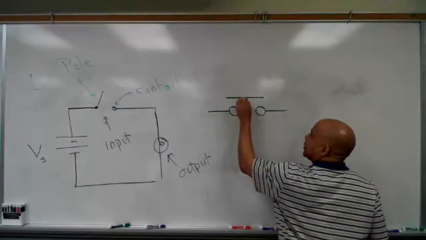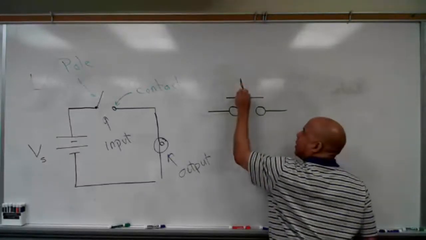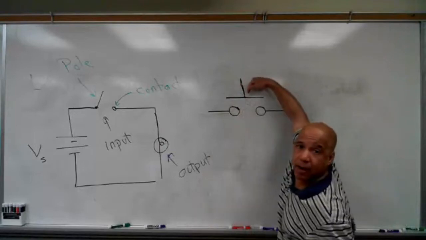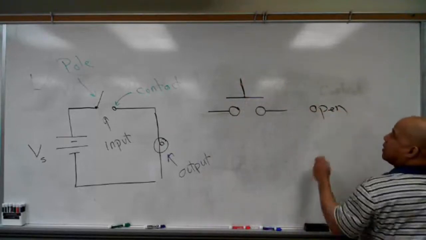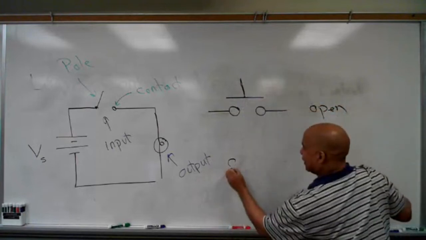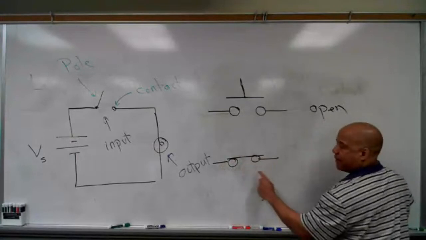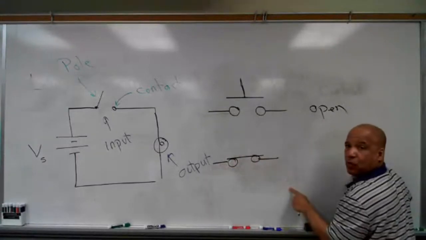And then they'll have some way that you can take that button and you can actually press that down. So when I press that down, right now this button is open. But if I press it down, then the pole will fill the gap, and now current can flow from the left to the right or the other way.